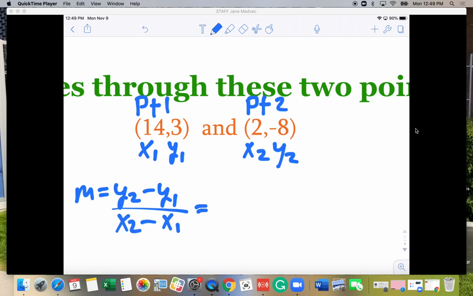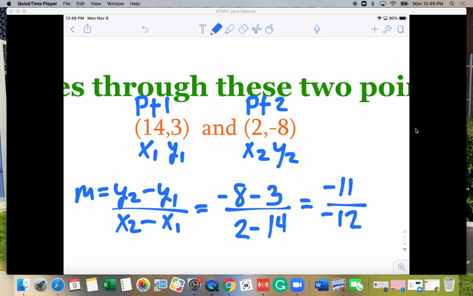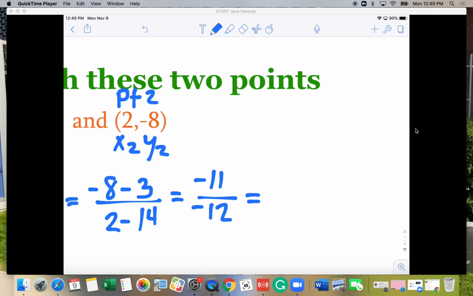So my y2 is -8 minus my y1, which is 3, over x2, which is 2, minus 14, which is x1. And I end up with -11 over -12. And I'm going to clean that up because a negative divided by a negative is a positive. So I end up with 11 over 12. All right, so that's finding slope if I have two ordered pairs.